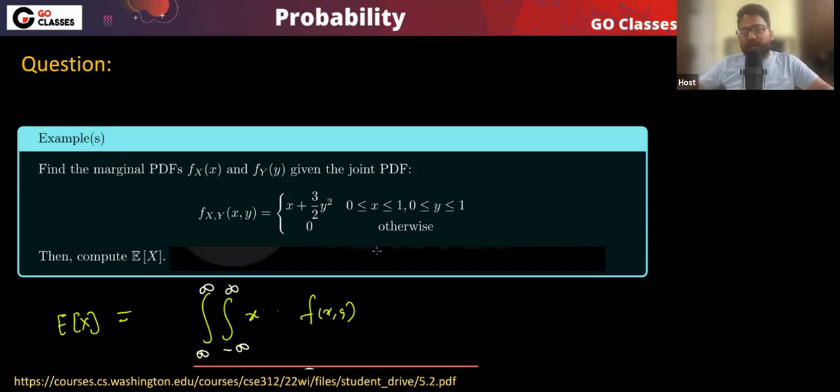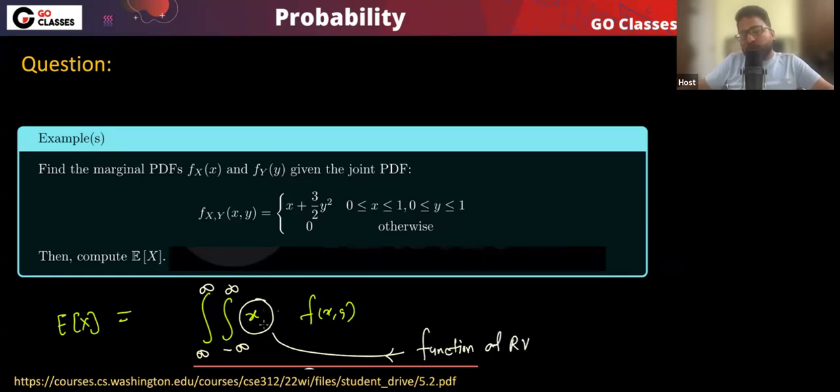So yes, this is correct. Why is this correct? Because this particular thing, isn't it a function of x and y? This is also a function, right? Function of the random variables.